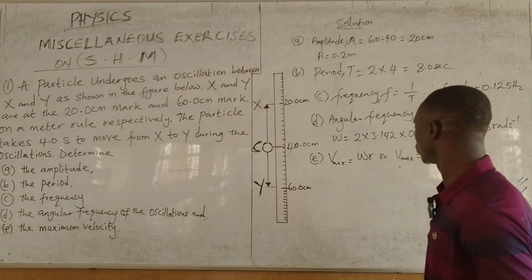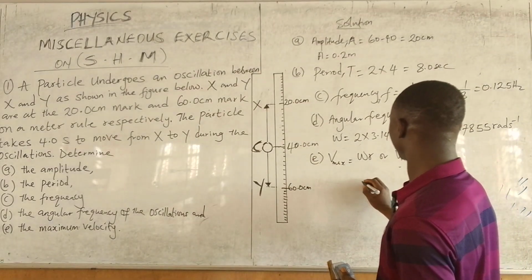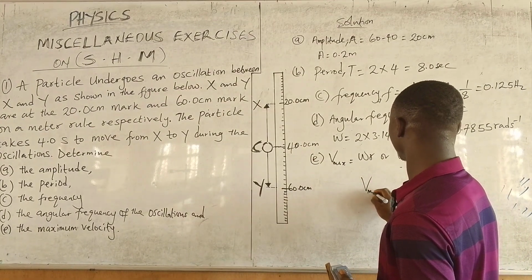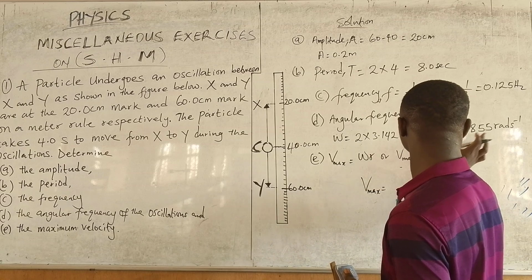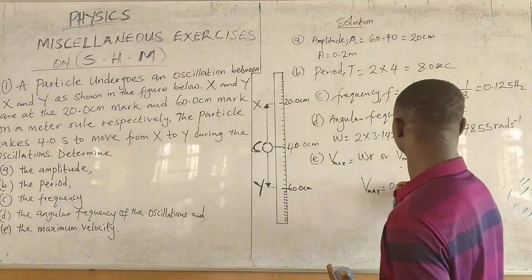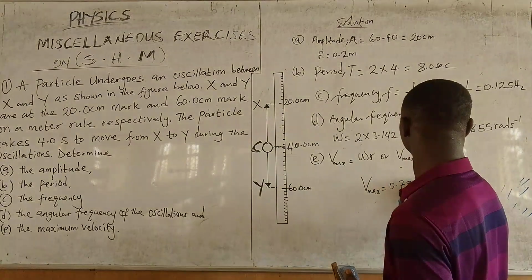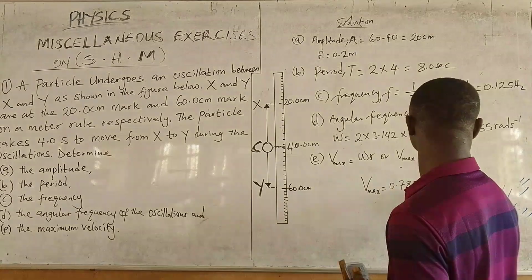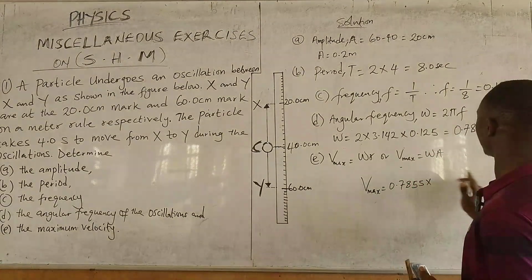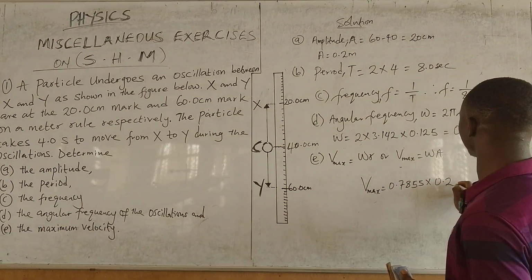That's the amplitude. So V max, which is the maximum velocity, will be equal to, what's our omega? Let's transfer 0.7855 times, what's our amplitude? That's 0.2.